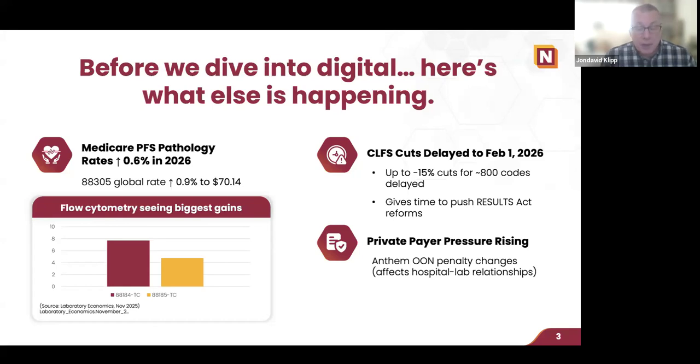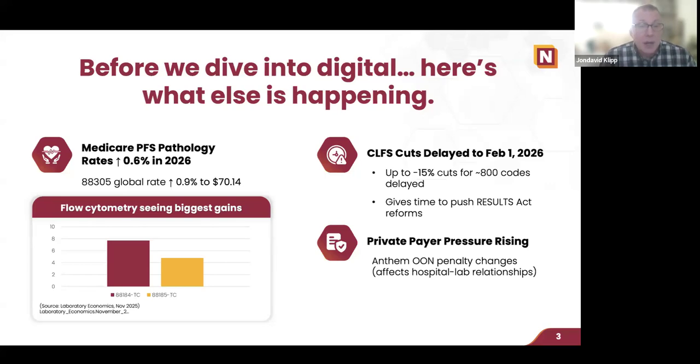The technical component of 88305 will be increasing by 1.3% to $35.07 also. So the Medicare rate for the professional component and the technical component for 88305 now match each other at $35.07.